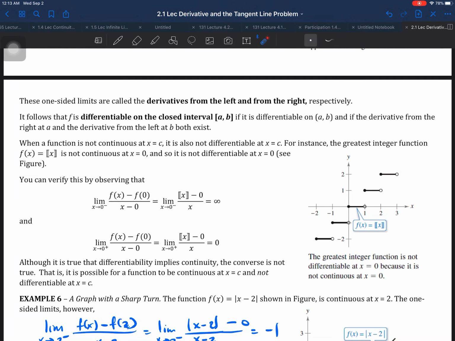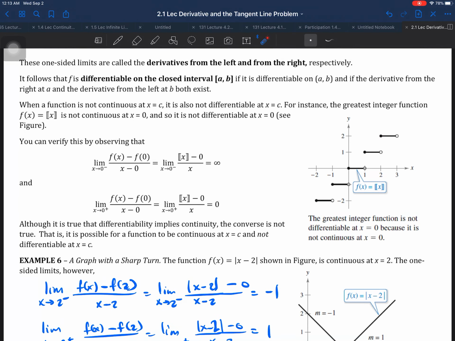So what this line is saying is, if you want to show that a function is differentiable on the closed interval, you have to show that it's differentiable on an open interval and that it is differentiable on the right side of a and on the left side of b.